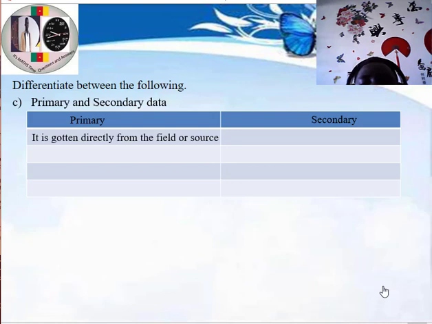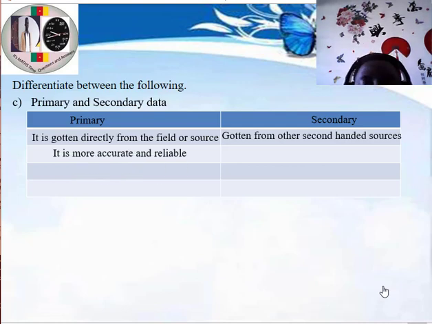The researcher goes down into the field where the event occurred and gets the information directly from the people concerned, while secondary data is gotten from other sources of information, which include books, questionnaires, archives, and so on. So this data is gotten from second-hand sources.